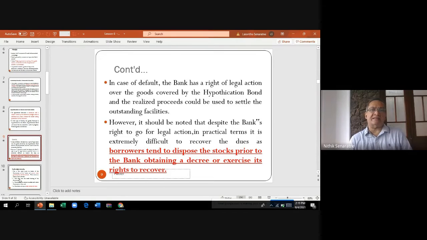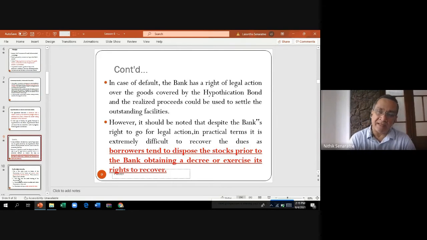So you can exercise your right under the hypothecation bond, but you have to go to courts. You have to go through the normal process, get the judgment and execute your writ. By that time, the customer has taken the stuff out, right?